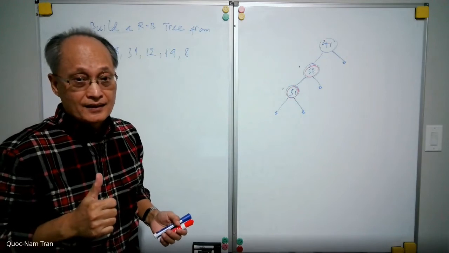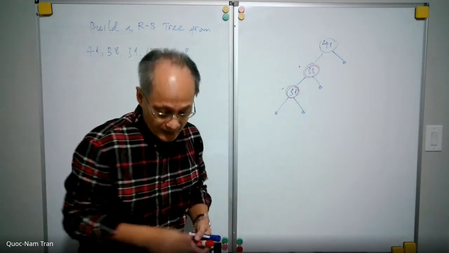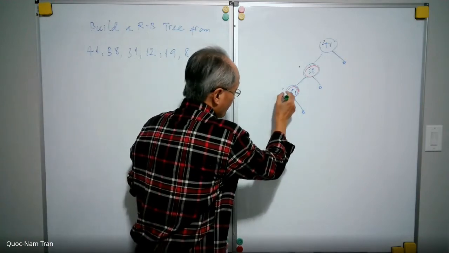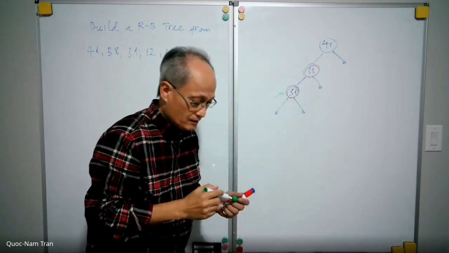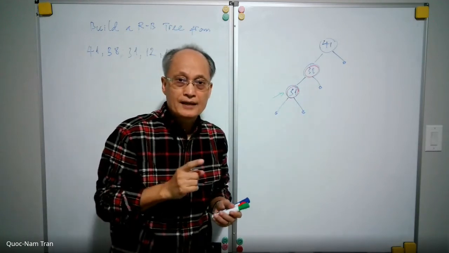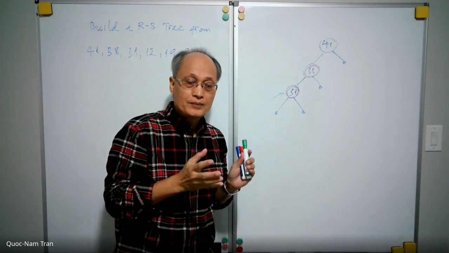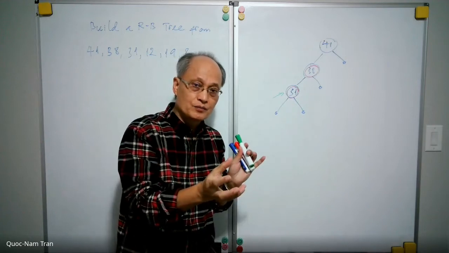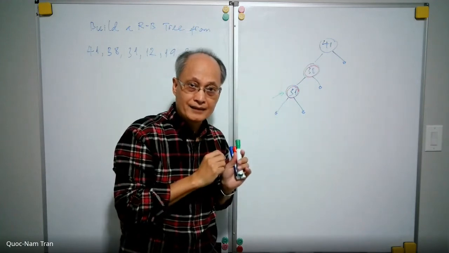Remember that in the previous example, when we insert a new red node and the parent is red also, we try to find out the color of the uncle, right? If the color of the uncle is also red, then we change both colors to black and change the color of the grandparent to red, right?